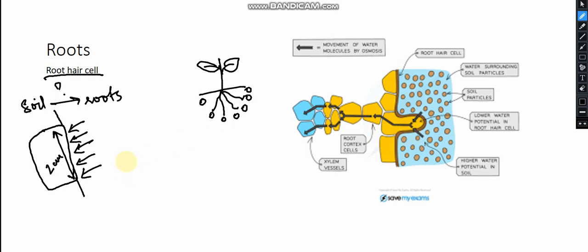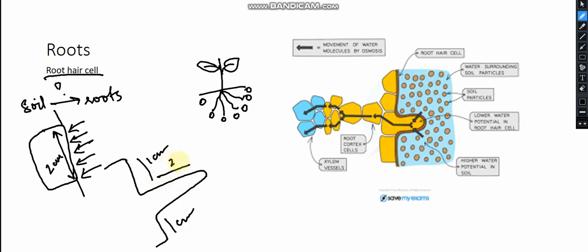But what if I make this elongated part exposed to the soil? If I say this was 1 centimeter and this was 1 centimeter, this was 2 centimeter and this was 2 centimeter, then if I sum it up, the area that is exposed is 1, 1, 2, 2, so 6 centimeters. So what is the benefit of this kind of specialized cell?